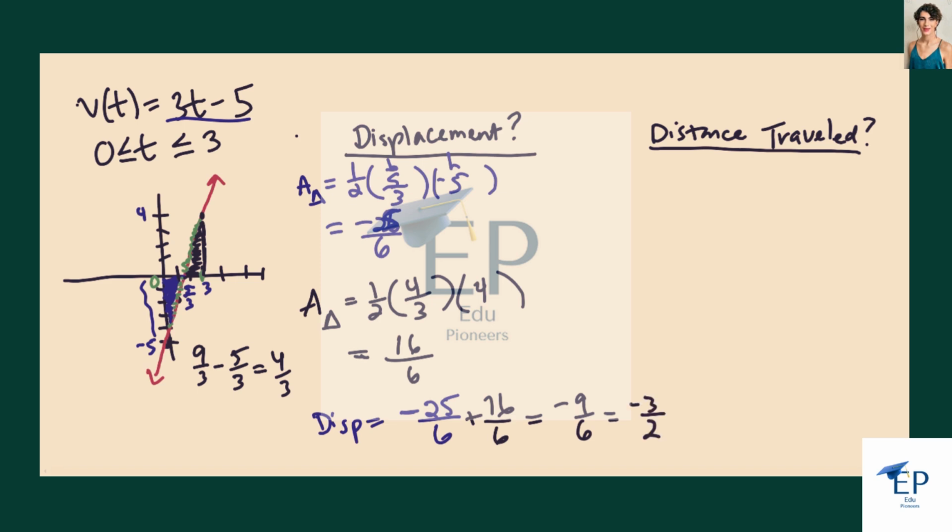What that tells you is the particle wound up to the left, because it's negative, of its starting point by 3 halves, which is 1.5 units. So the displacement is 1.5 units left of the starting point.